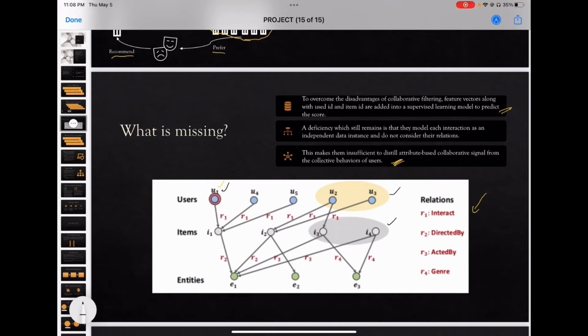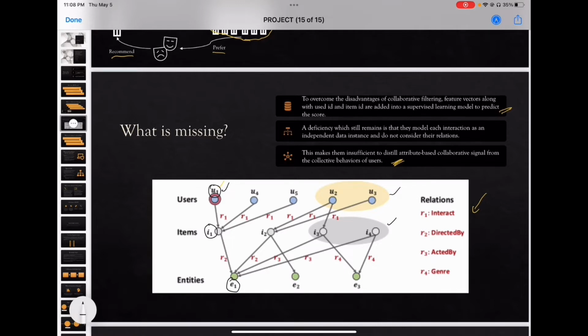There is an interaction, as we see in this figure, between user U1 and a movie, suppose I1, which is directed, suppose, by a person E1.